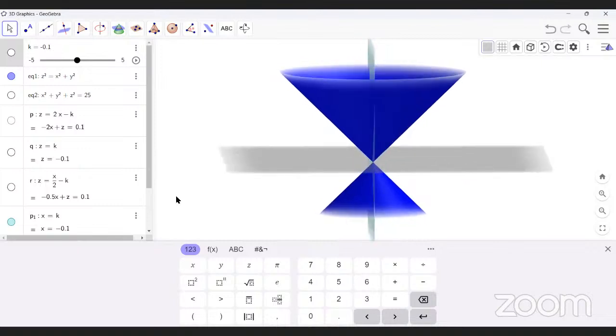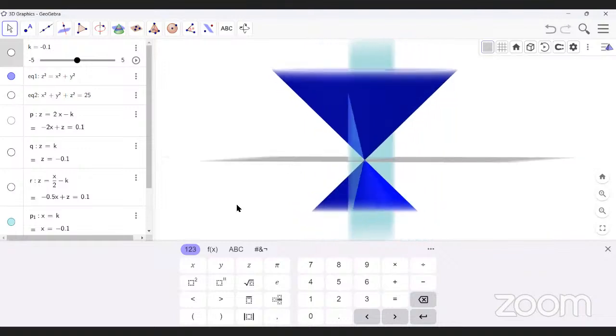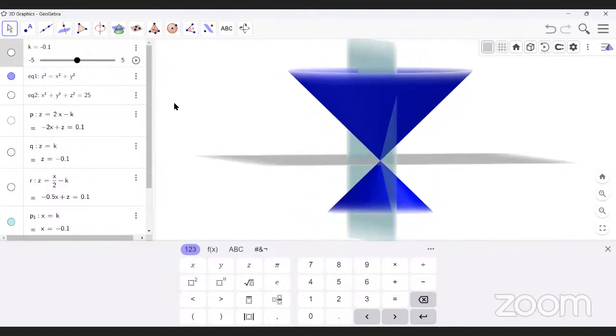So any intersection of a plane and a cone is a conic, or any conic can be fit on a cone. Cone మీద ఫిట్ చేయొచ్చు. ఎలా? ఒక ప్లేన్ తీసుకొని కోన్ ని ఇంటర్సెక్ట్ చేస్తే I'll get a conic. ఏ కోనిక్ ఇచ్చినా నాకు I can fit that on a cone. అందుకే దాన్ని కోనిక్ అంటారు.